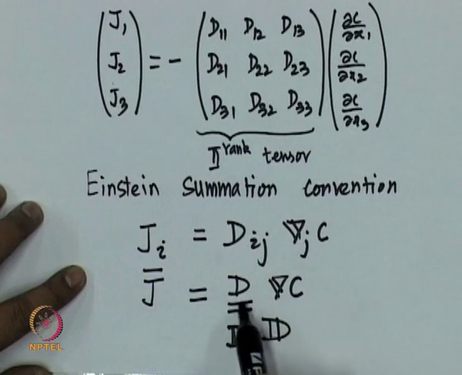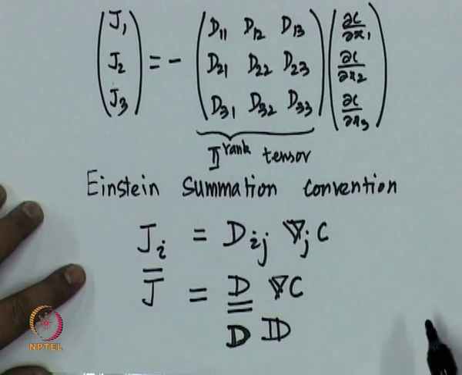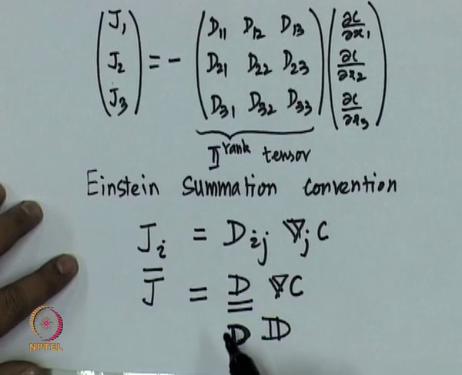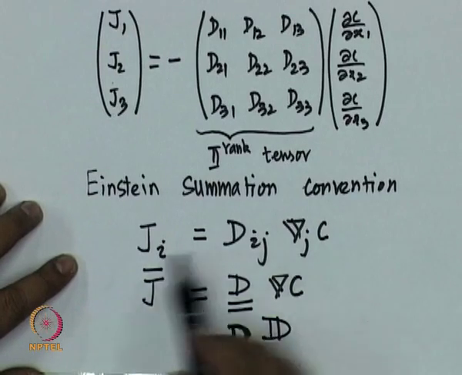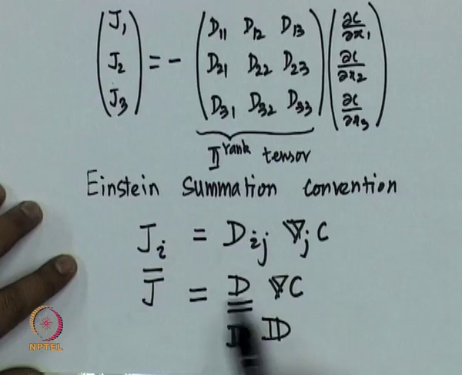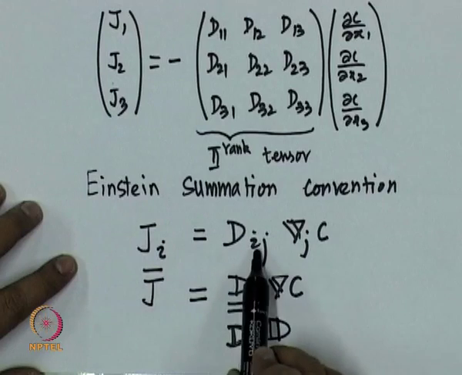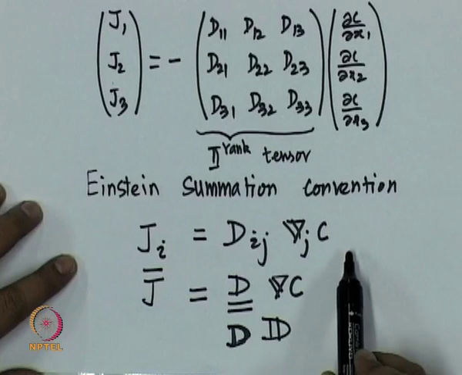Sometimes you keep on drawing as many lines as the rank of the tensor. The third rank tensor will have 3 lines below, and fourth rank tensor will have 4 lines below, and so on and so forth. So, it may be too many lines, but this is just to indicate that when I am writing in this fashion, I am not referring to any frame of reference. When I write in this way, I am referring to a frame of reference.